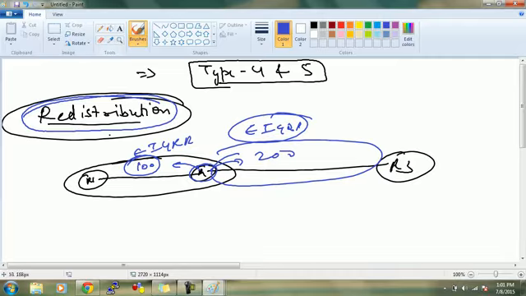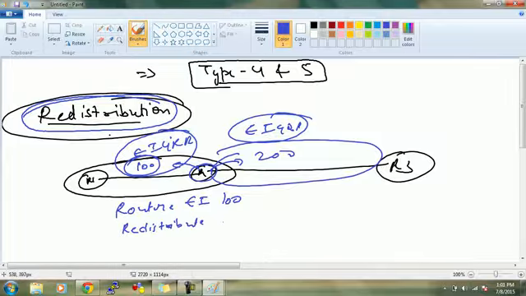Fine. So, if you have to inject routes in EIGRP 100, you will go in router EIGRP. What will you write? Redistribute which process? 200.